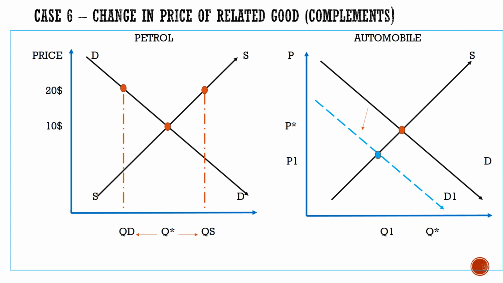So the demand curve shifts left for automobiles, and you see at the new equilibrium you have a lower price and lower quantity. So that's how changes in price of related goods work. You have to be very clear whether the scenario is regarding complements or substitutes.